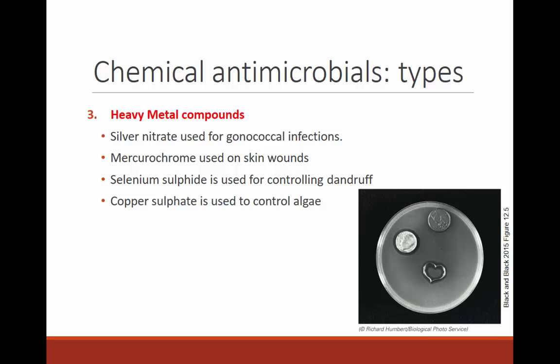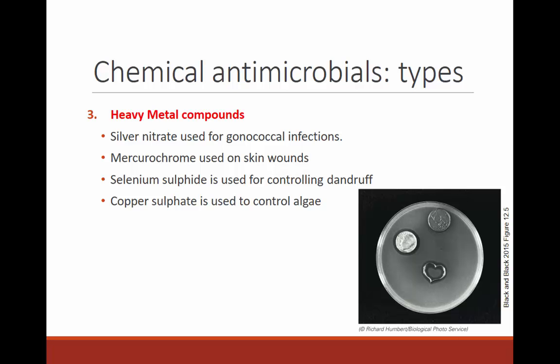Heavy metals, and this is a lovely image here. So you've got a heavy metal and you've got a lawn culture, but you can see that clearing zone around it, around all of them. And here you don't have very much of a clearing zone. But why would you use heavy metals? So silver nitrate is used for gonococcal infections.